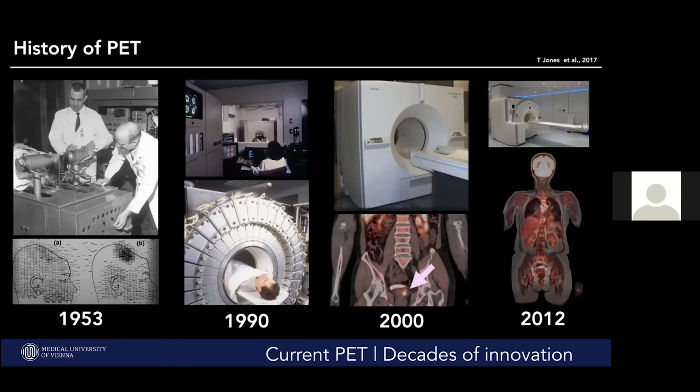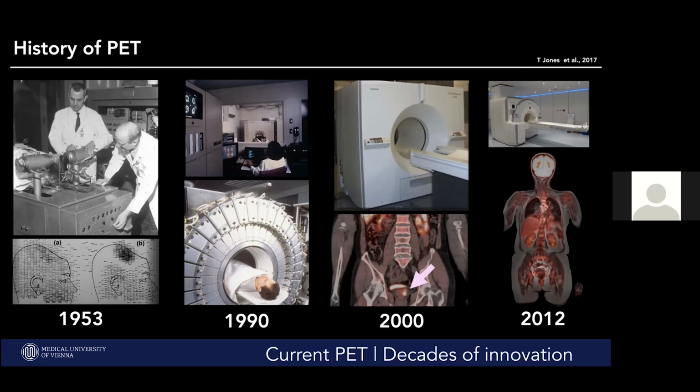Now, each modality has its own history. Ours started in the 1950s with people doing a rather rough setup on a workbench here. The first commercial systems came out in the 1980s, and PET has then transited into the field of hybrid imaging in 2000 with the introduction of a merger with the CT, or 10 years later with the merger of an MRI, which is considered a technical revolution, but a medical evolution.